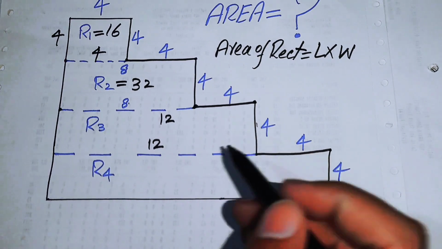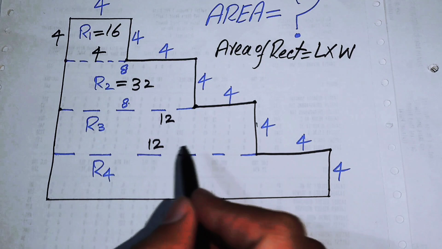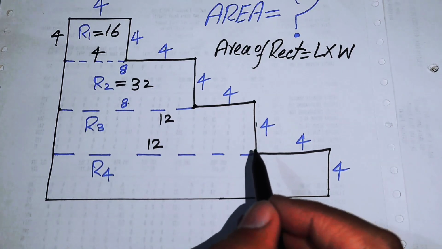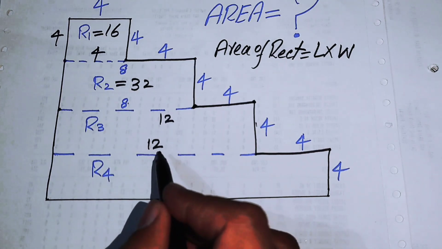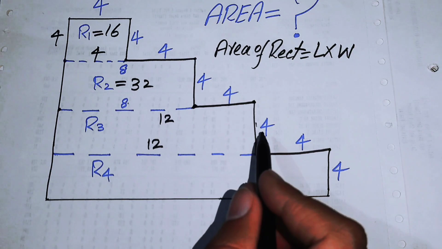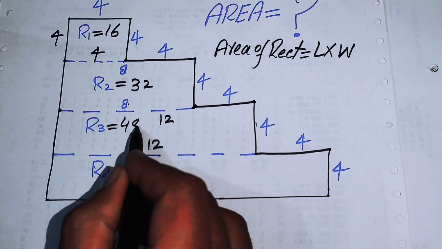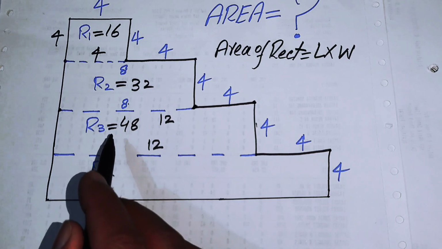So the length of R3 is 12 and the width of R3 is 4. The area of region R3 equals 12 multiplied by 4, and 12 times 4 equals 48. So this is the area of region R3.